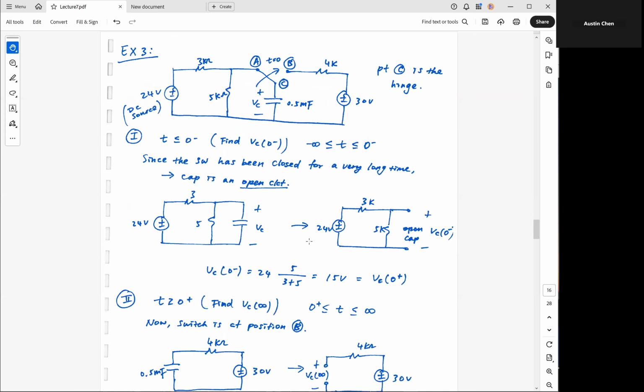So in this example, we have two voltage sources. We have the 24 volts here, and then we have 30 volts here.